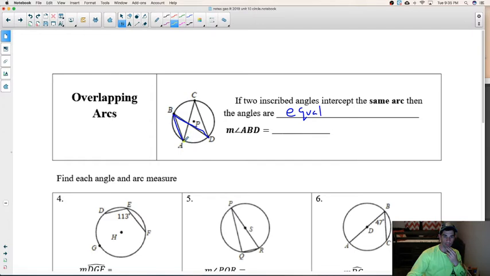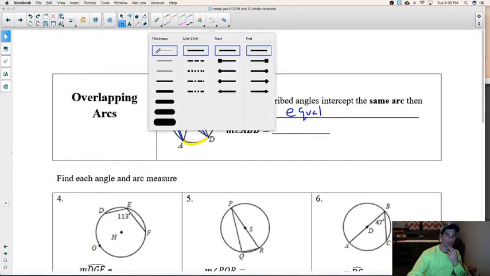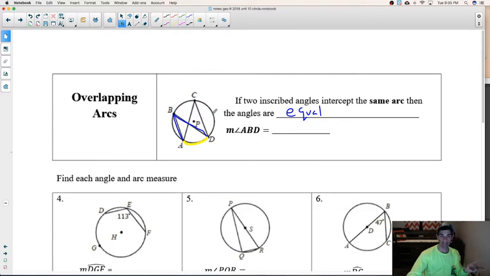His arc is here, AD. What other angle hit AD? Right, what about this guy right here? We're going to call him angle ACD. So these two angles would be the same because they share the exact same arc.